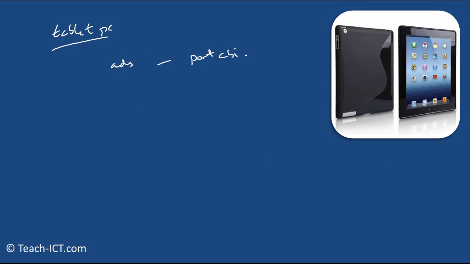I've got an iPad here, not because I'm specifically pro Apple or anti Android, just because the iPad is the most popular tablet out there. The big advantage of devices like this is they're so quick to load, because you just put the power on, and the machine is ready to use straight away.